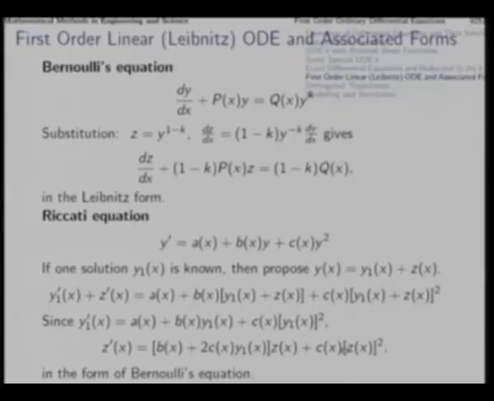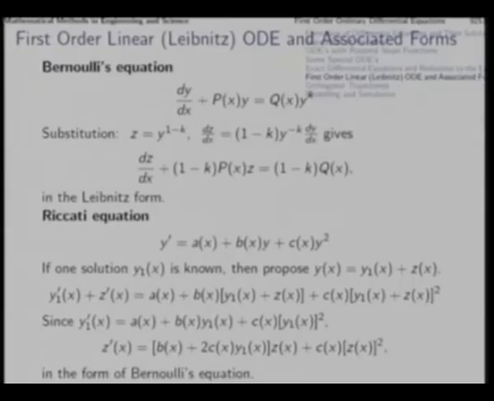Now you note that this equation is in Bernoulli's form. Z prime is here, a linear expression of z is here with coefficients known expressions of x, and in place of qx y to the power k you have cx z square, that is z to the power 2. So using this method we can reduce it to Leibniz form and subsequently solve it. Now, this is Riccati's equation.